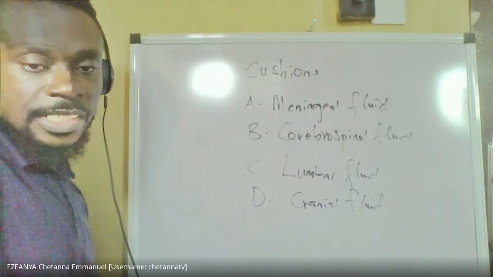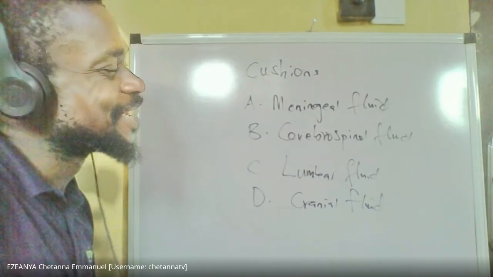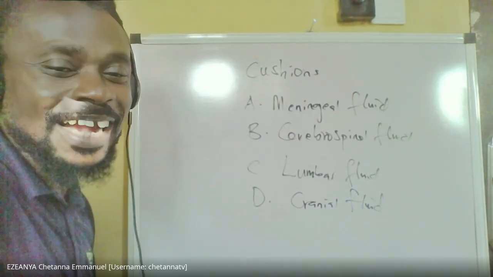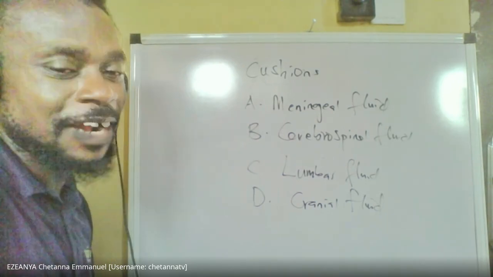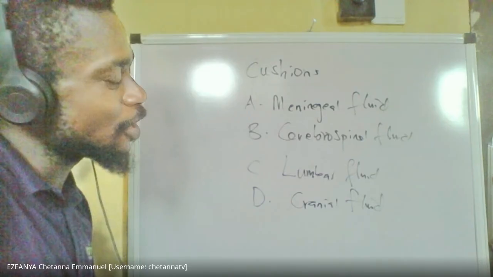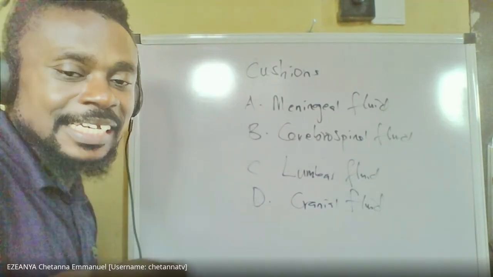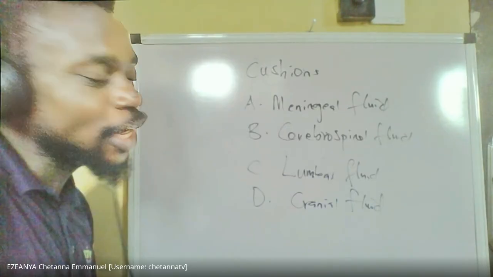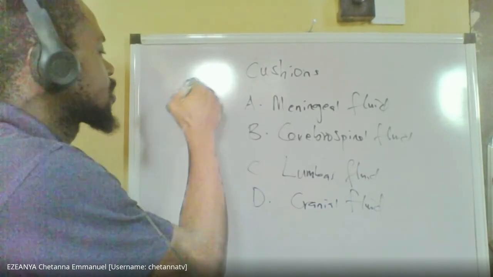What is the answer? Cerebrospinal fluid. Good. The answer is cerebrospinal fluid. I'll explain that. And it's produced at the what? Subarachnoid space. It's there at the subarachnoid space, and it's actually produced by the choroid plexus.